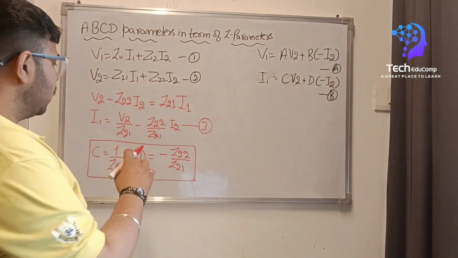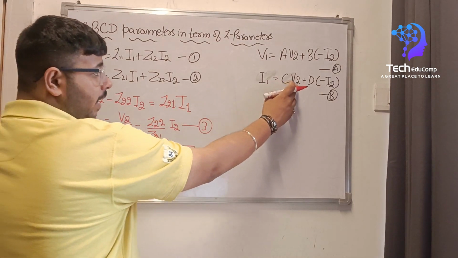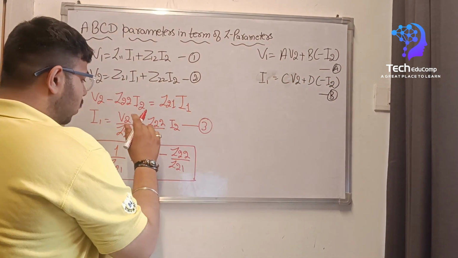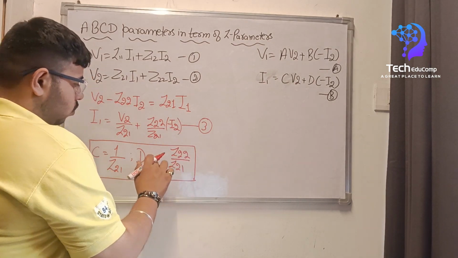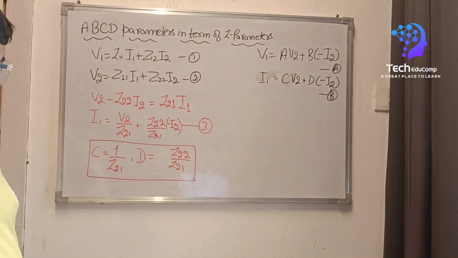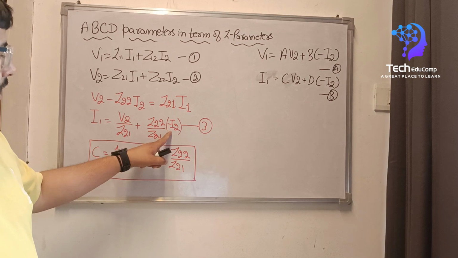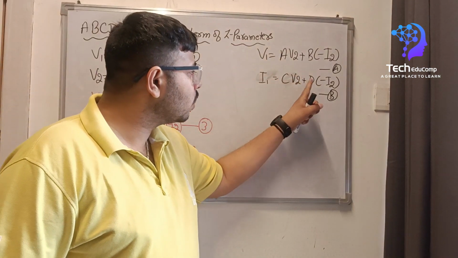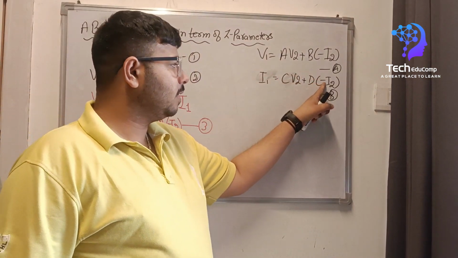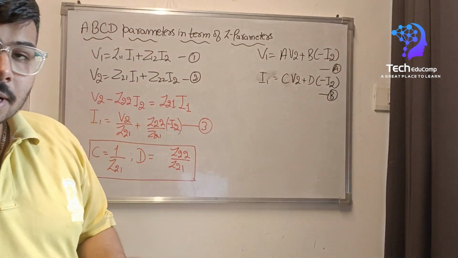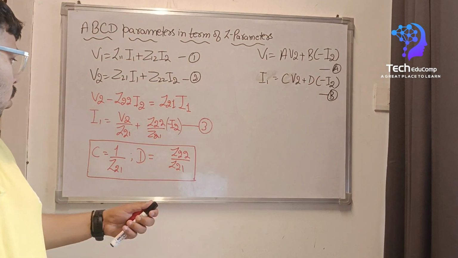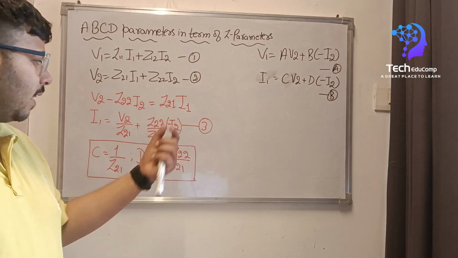I have taken the minus inside, because if I want to compare, here you can see that it is not plus I2, it is minus of D into minus of I2. So I have written it like this.